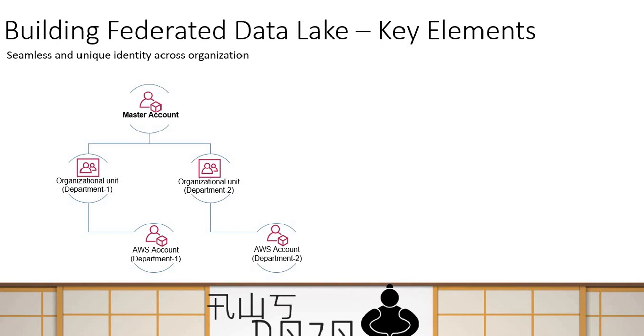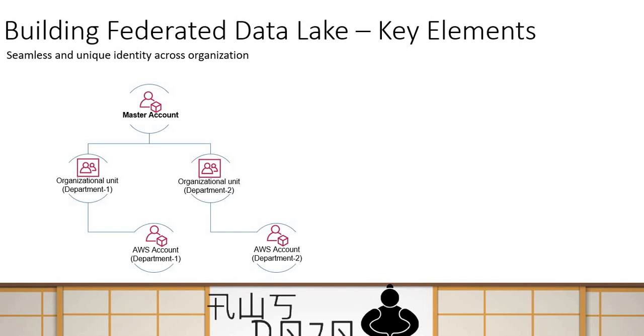Now, moving on. One of the requirements, as I mentioned earlier, if you're trying to build a federated data lake, is that a department 1 user can access data from department 2 as well, and a department 2 user can also access data from the department 1 data lake. In order to ensure this seamless data access, you need to work on an identity which is unique across the organization.